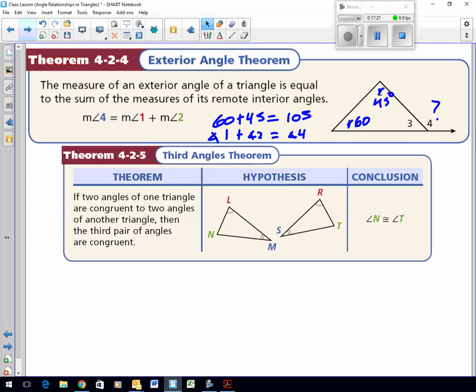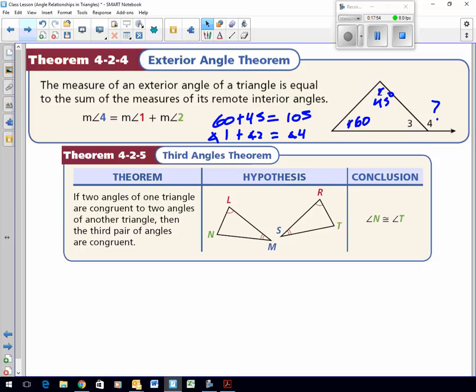Last thing that we got for today is this. If two angles of one triangle are congruent to two angles of another triangle, then the third pair of angles are congruent. Basically, this is the pick two, get one free, right? Buy two, get one free. Whatever. All right. Hey, check it out. If you can get two different angles in two different triangles congruent, the third angles have to be congruent.